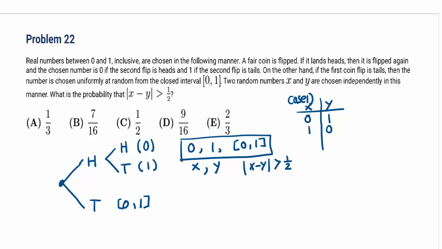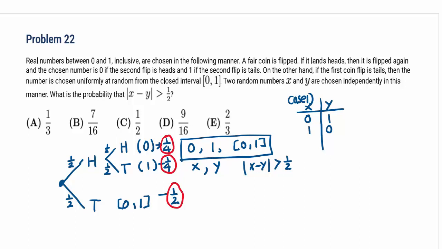From the first flip, the probability was half and half, and over here another half and half, so the result is 1/4. The probability of 0 is 1/4, of 1 is 1/4, and of the interval is 1/2. So we have three probabilities.